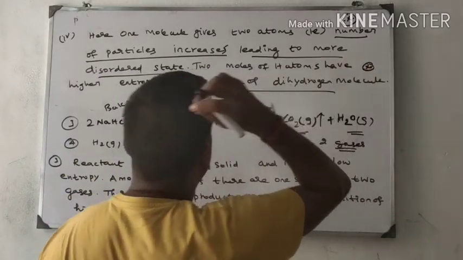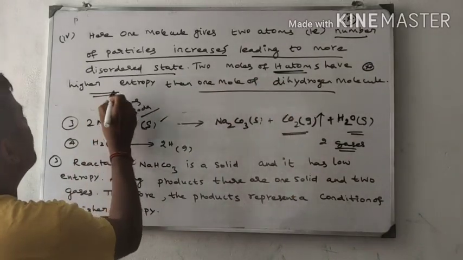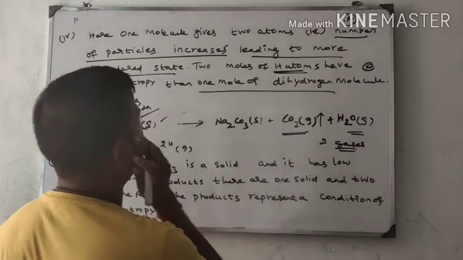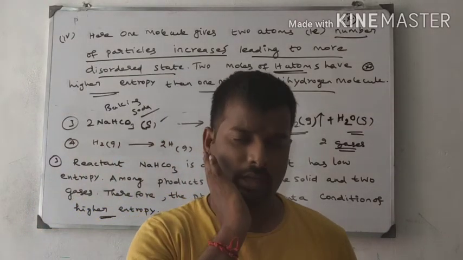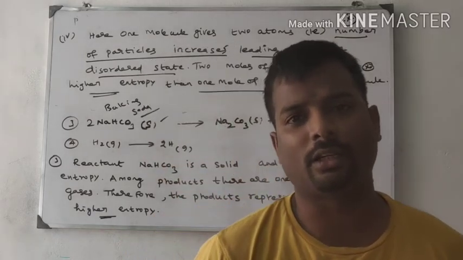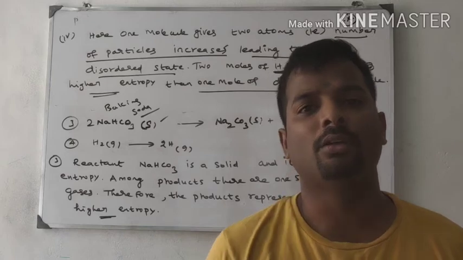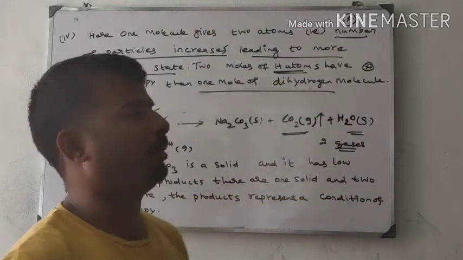So the fourth question tells us that if the number of particles increases, entropy increases. That is also an important point. You have to keep it in your mind. So this is a very important problem.